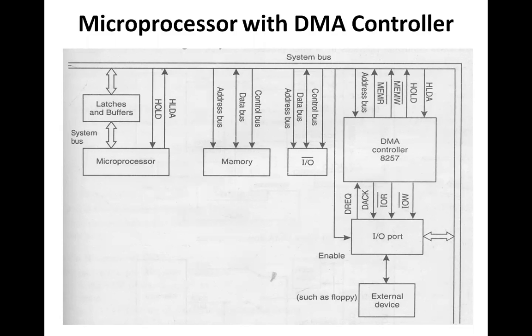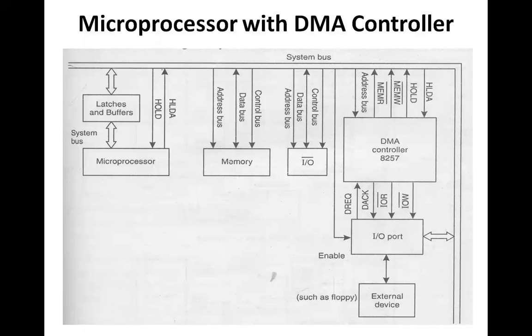So what happens? It informs the DMA controller as well as the peripheral device about the address, the type of DMA, as well as the number of bytes to be transferred.